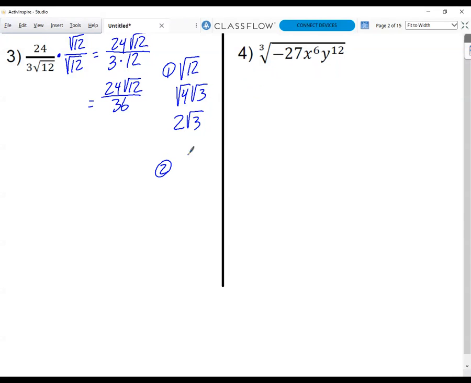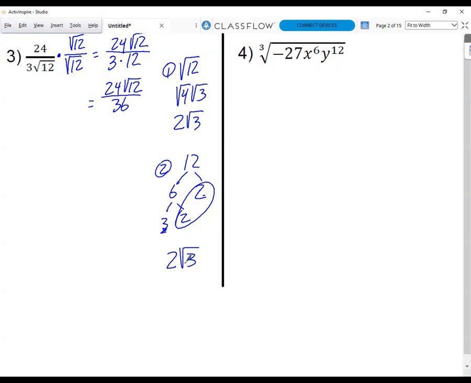Second way, say 12 factors out into 6 and 2. 2 doesn't simplify anymore, but 6 simplifies to 3 and 2. So I'm going to pull a 2 out of there, and what's left underlined stays in the radical. So there are 2 different ways you can look at this to get the same answer. Find whichever one works better for you.